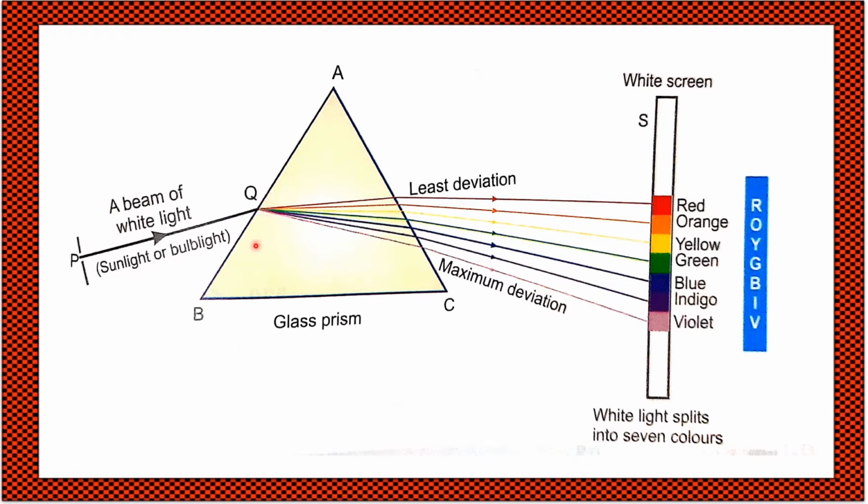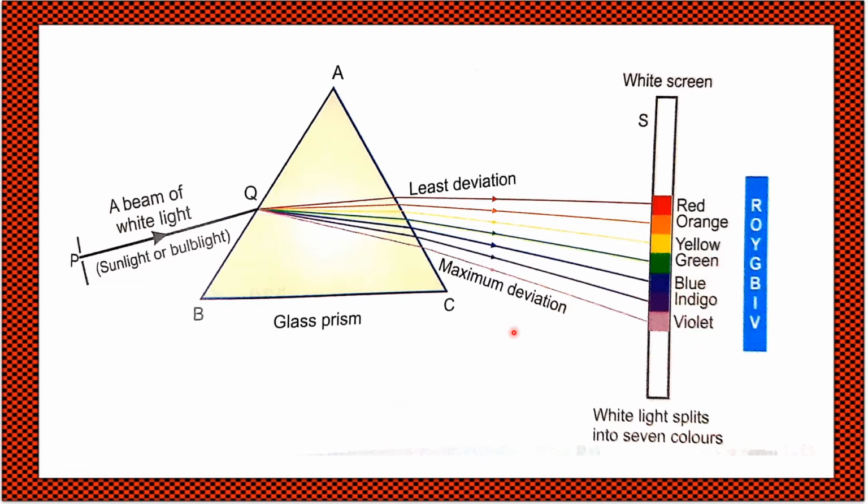When it is made incident on one of the refracting faces of the prism, the light emerging from the prism consists of 7 constituent colors, namely violet, indigo, blue, green, yellow, orange and red. The color band which is obtained here is called spectrum.